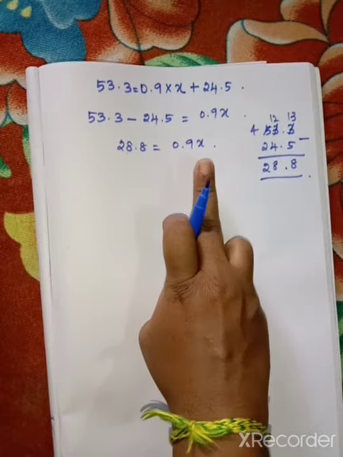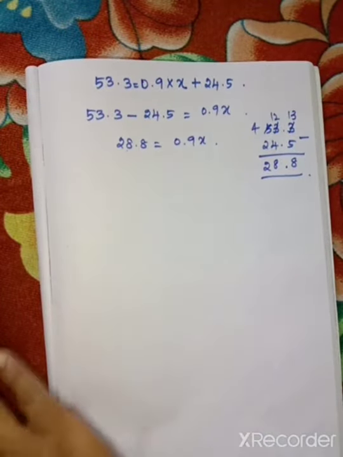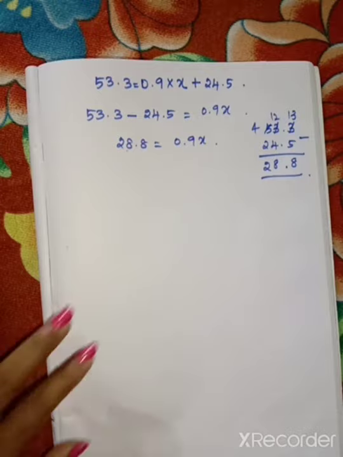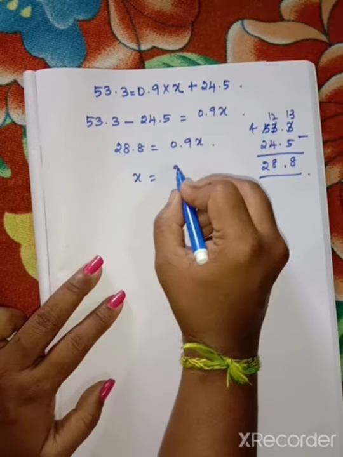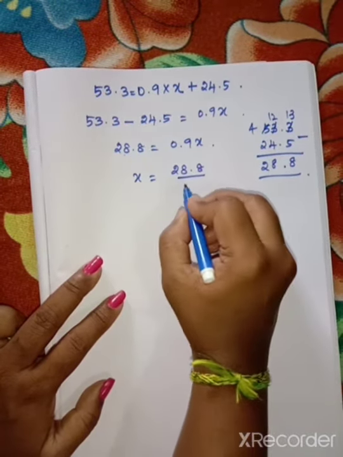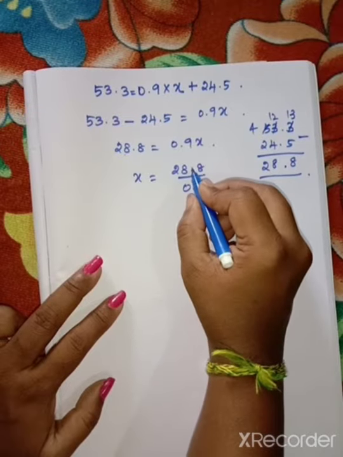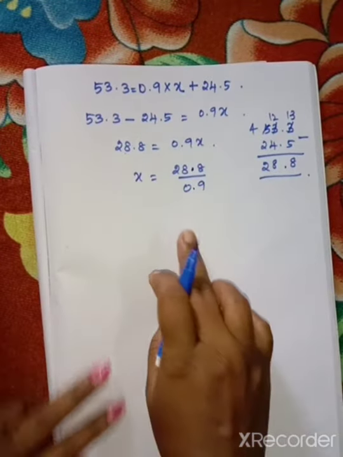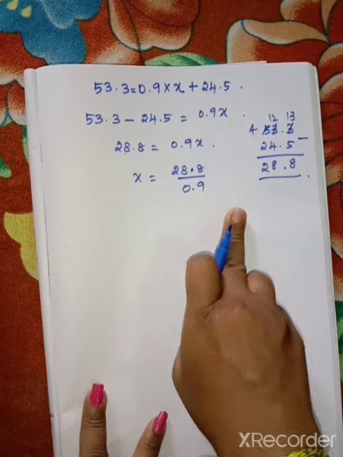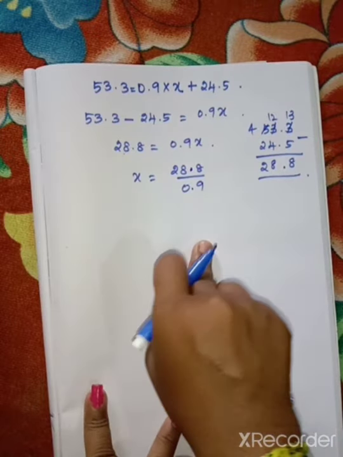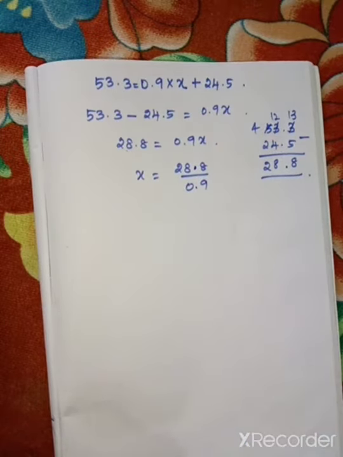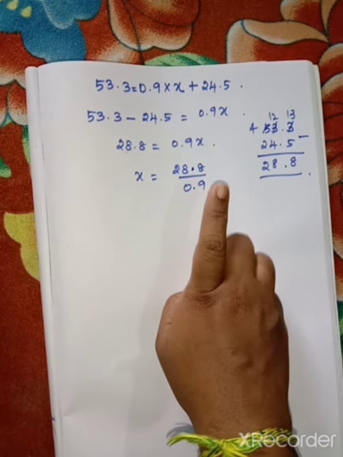Here 0.9 into x. If the multiplication goes to that side, it becomes divide. So x equals 28.8 divided by 0.9. You know this from division: if you have a decimal in the denominator, you have to multiply by 10, 100 or 1000 to remove the decimal.